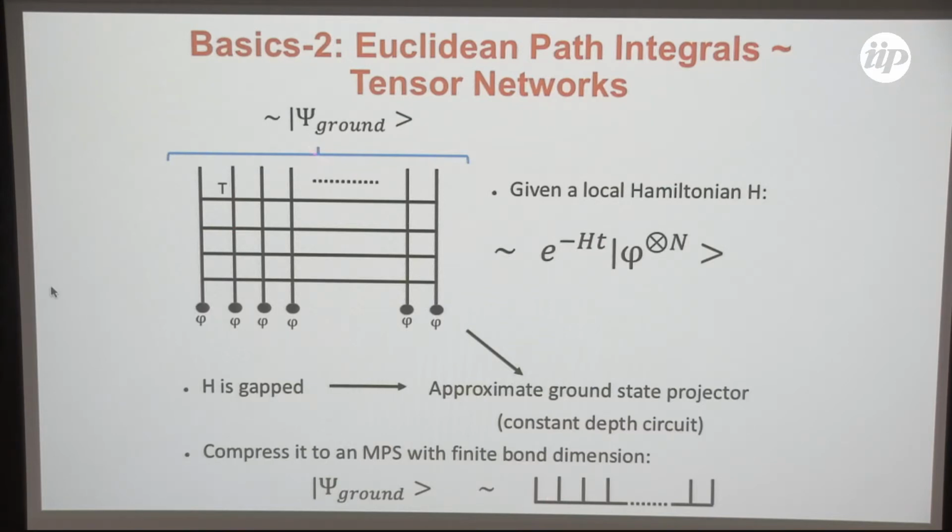Then at the output we have the ground state. Of course, there should be an overlap: when we input a product state here, there should be at least some high overlap between this state and the real ground state, so that this can actually work.